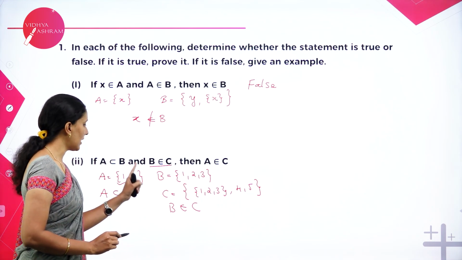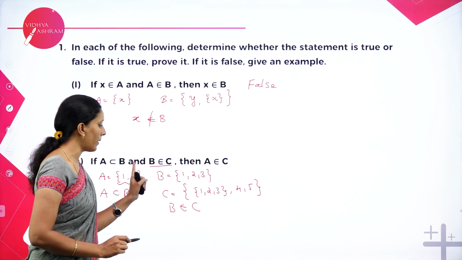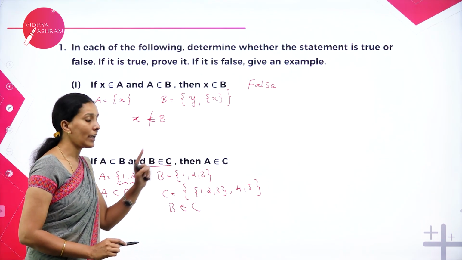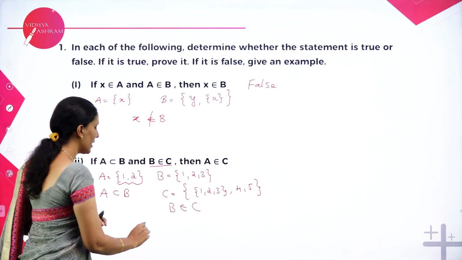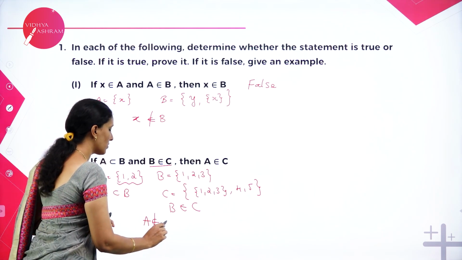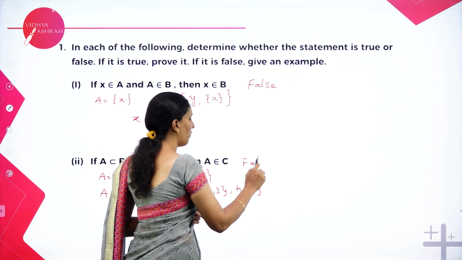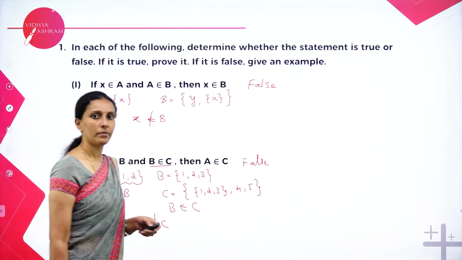Set A is the set containing 1, 2. There is no element {1, 2} inside C. So clearly they have given A belongs to C, but here A does not belong to C. So therefore the given statement is a false statement.